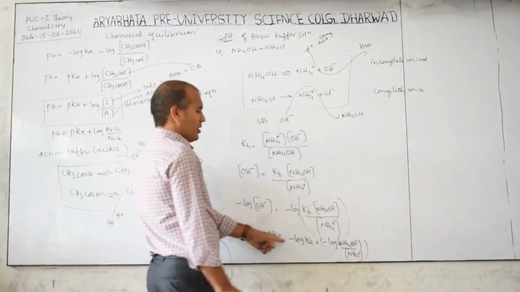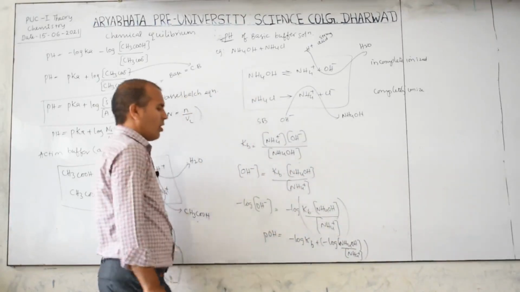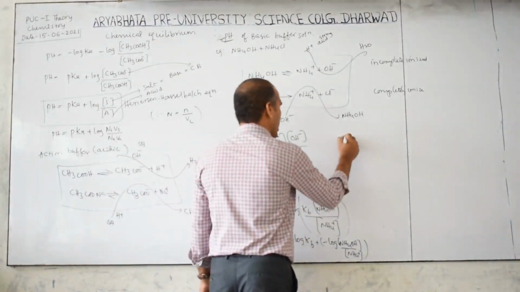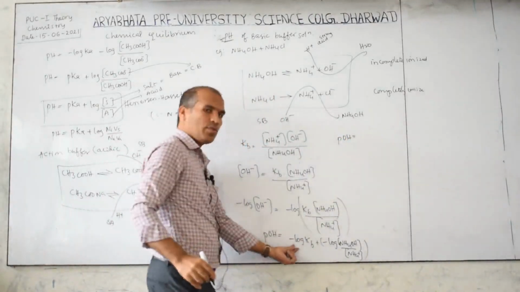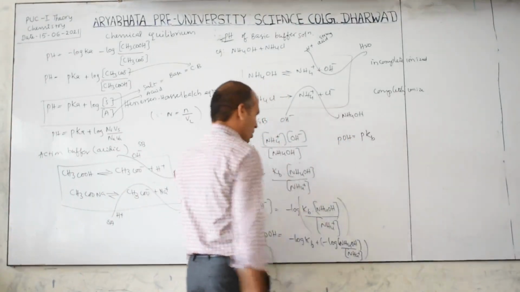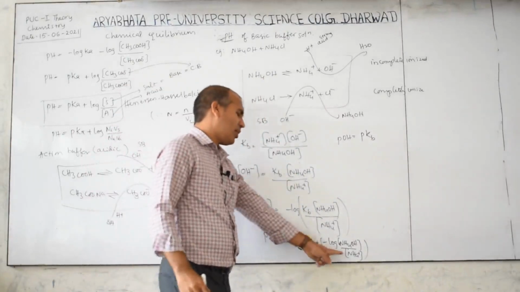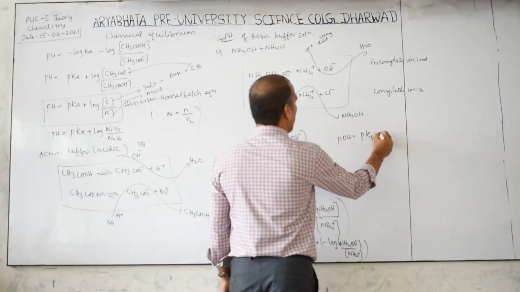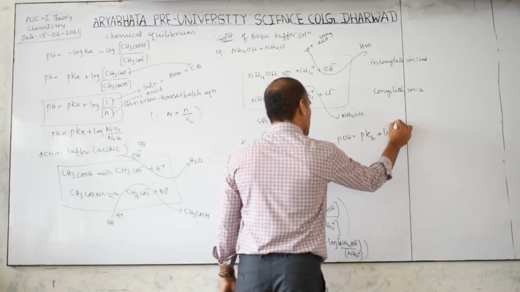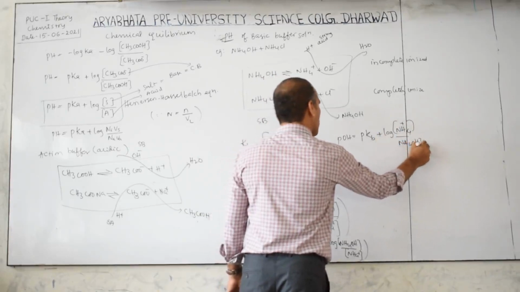Now sorry, not pK, this is pKb. Now pOH is equal to, negative logarithm of Kb is known as pKb. Now when it is reversed, this is plus, therefore plus log of NH4 plus concentration by NH4OH concentration.